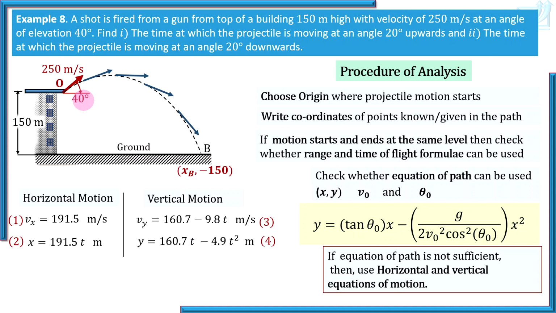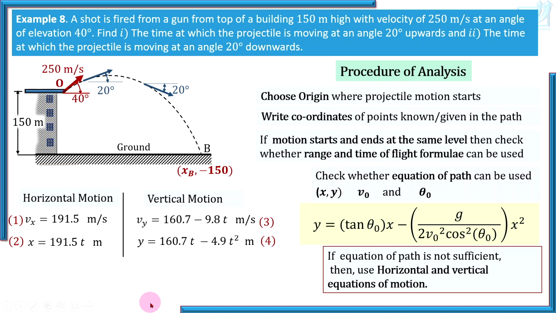Direction of motion means direction of velocity. Listen. The time at which projectile is moving at an angle 20 degrees upwards. So this is the position where we want to know time. Also the time at which projectile is moving at an angle 20 degrees downwards. So we want to know time at this position also.